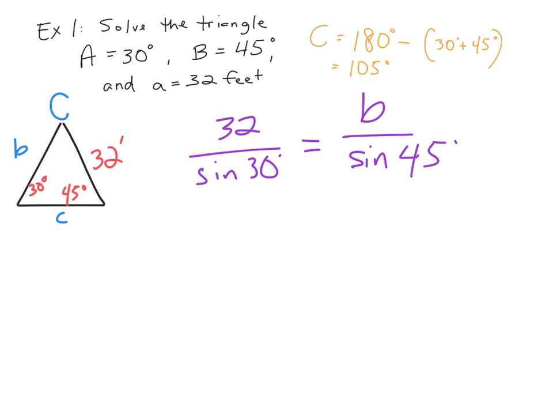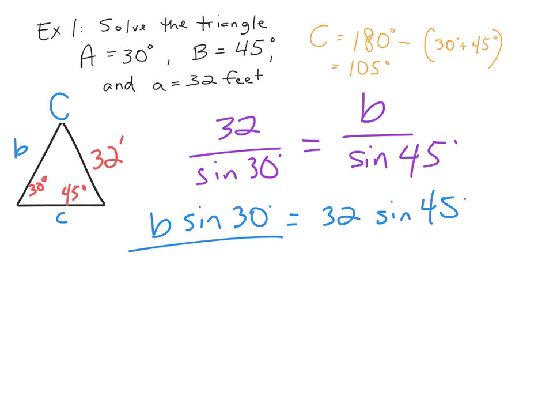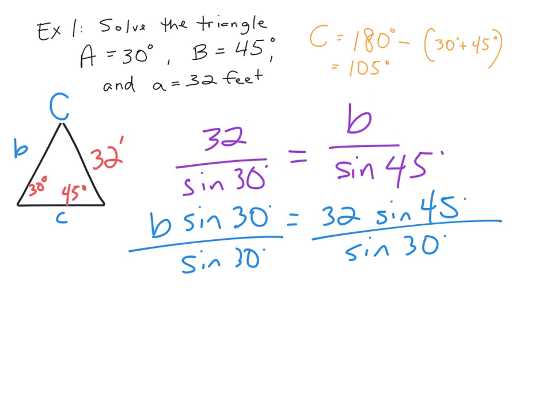So we could set this up as B times the sine of 30 degrees is equal to 32 times the sine of 45 degrees. And then all we would need to do would be to divide by the sine of 30 degrees from both sides. And that will leave us with B is equal to this particular calculation.